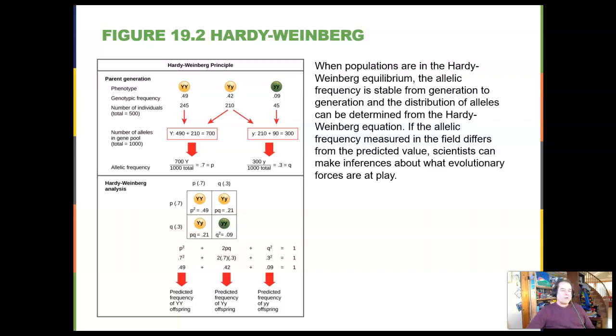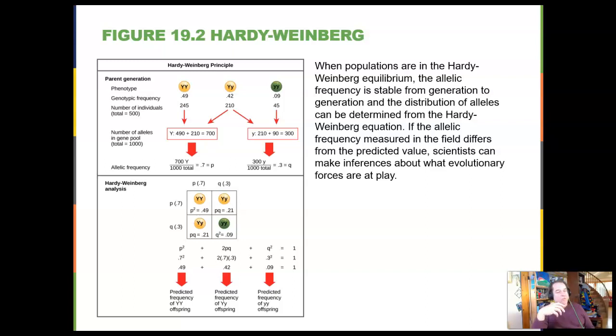And Hardy-Weinberg equilibrium is a mathematical prediction of the frequency of alleles for that gene in a population given an initial distribution.